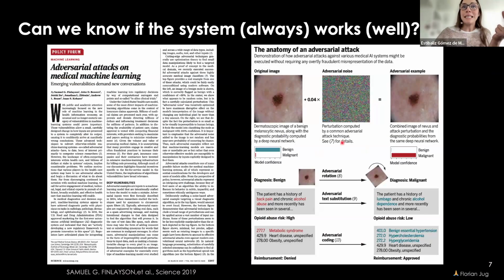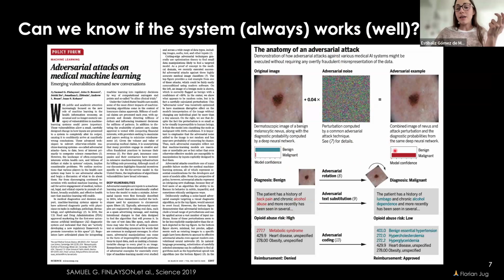And here I'm taking a slide from Florian Jug. This is an example of how we can manipulate the output of our deep learning models by using what they call adversarial attacks. We slightly tune the input image to get the contrary response from these automatic methods; in this case, they are showing what happens with diagnosis.